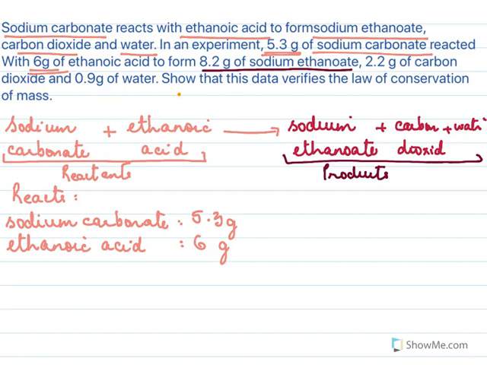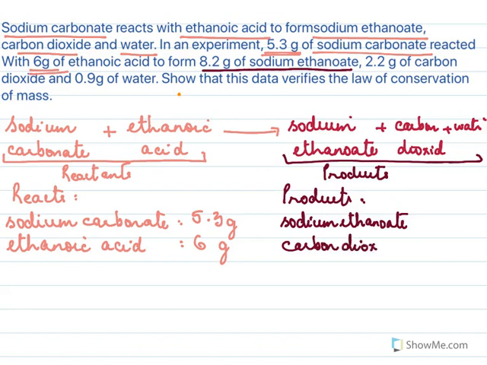So now we are getting on to the products. If you see, we have three products. One is sodium ethanoate, then we have carbon dioxide and water.